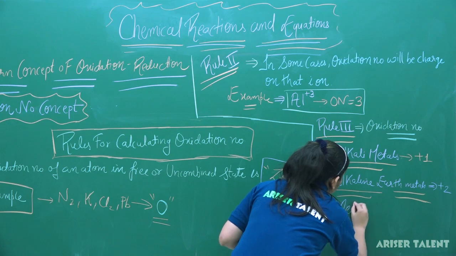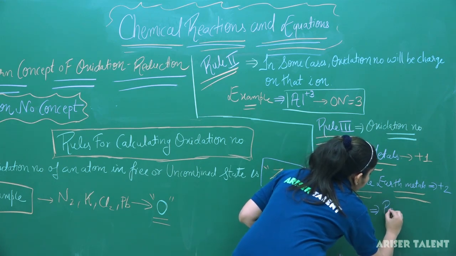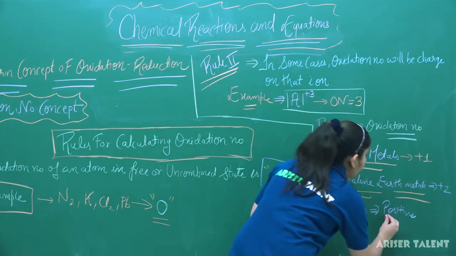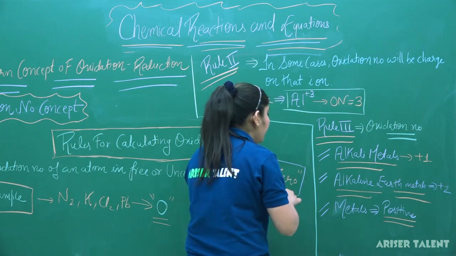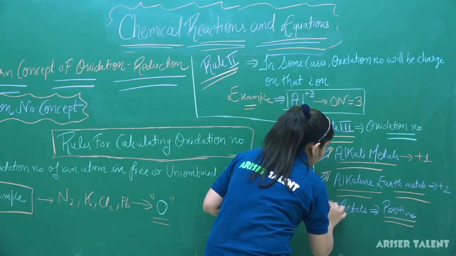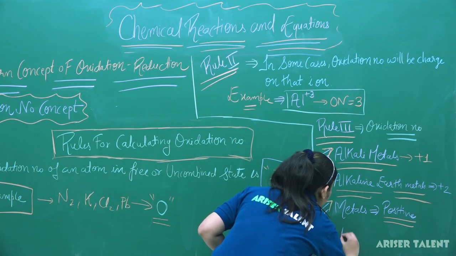For metals, oxidation number will be positive, and for non-metals, oxidation number is negative. And our last category is non-metals.